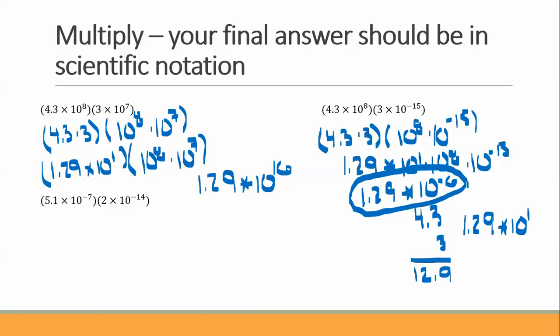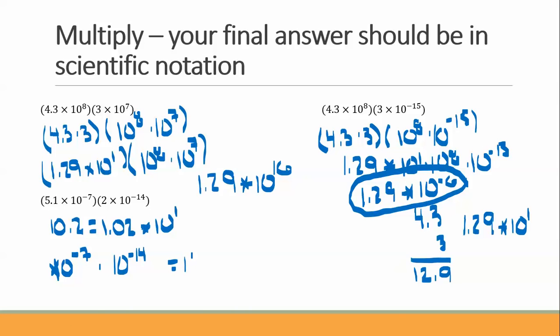And that is scientific notation. Our last one, we're going to do 5.1 times 2, so that would be 10.2, which is equal to 1.02 times 10 to the 1st. And then we're going to do 10 to the negative 7th times 10 to the negative 14th.